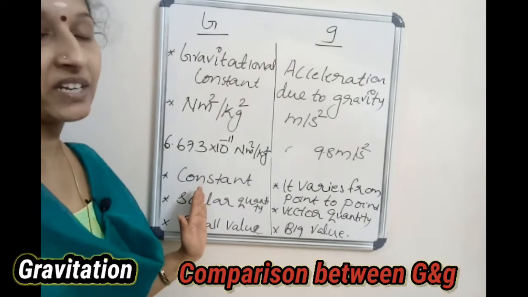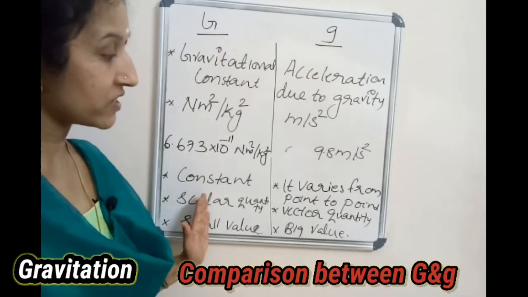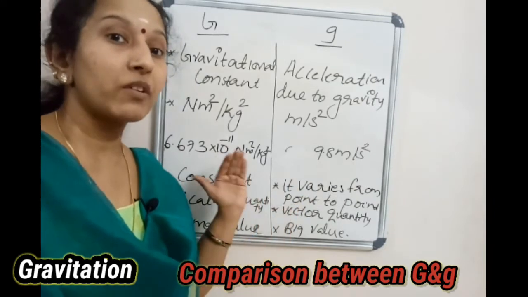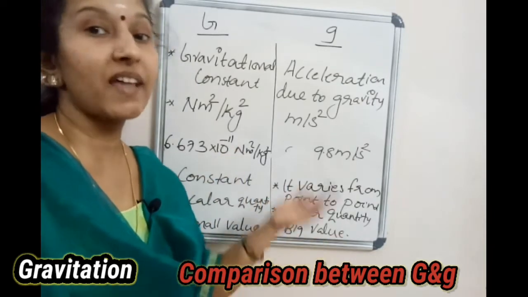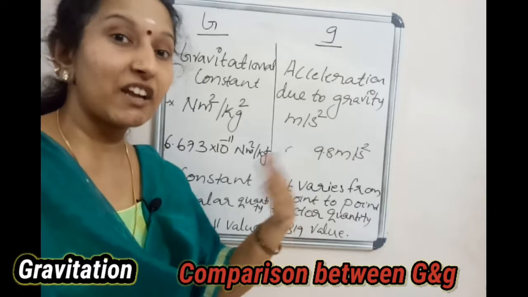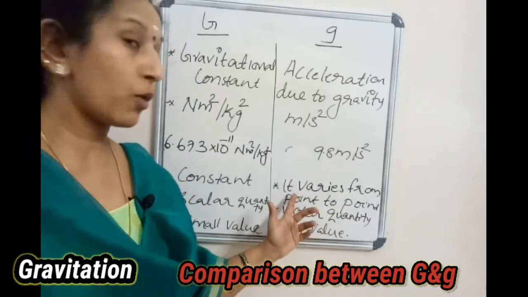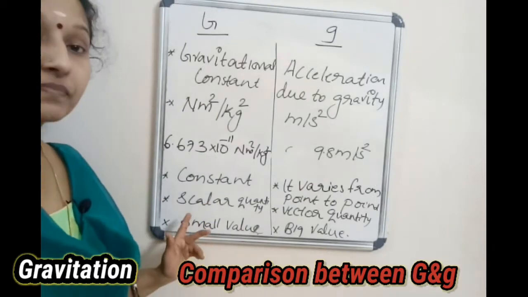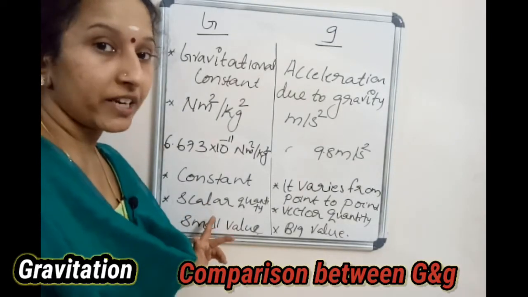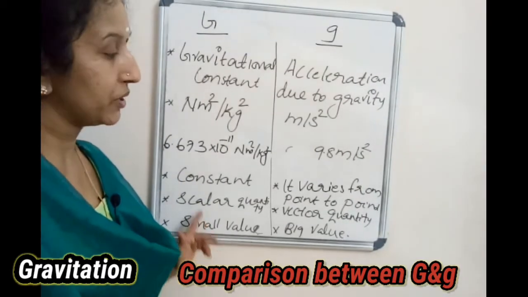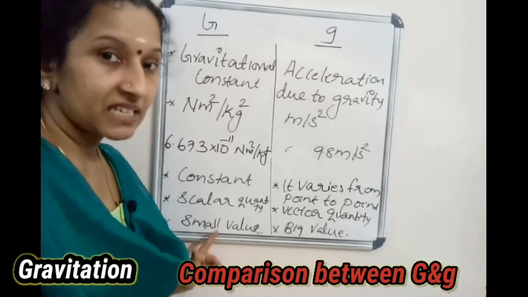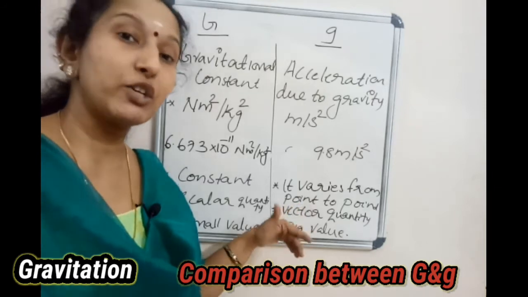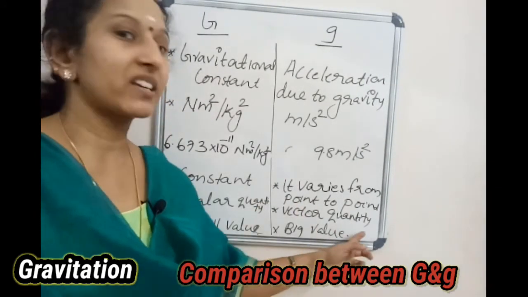Then, the gravitational constant is a constant, but acceleration due to gravity varies from point to point. Like the value of g is greater at the poles than the equator. So there are different values for small g; it varies from point to point. And capital G is a scalar quantity because it has only magnitude, but acceleration due to gravity has both magnitude and direction, so it's a vector quantity.